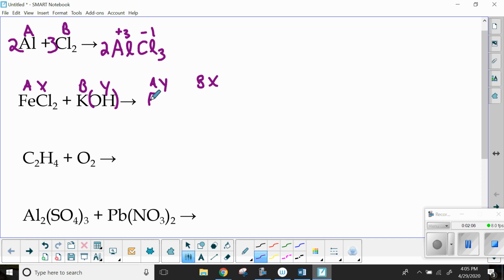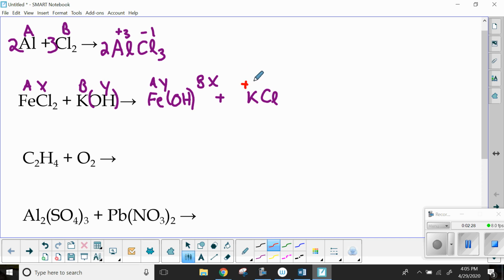So I'm going to have the Fe go with the OH, and I'm going to have the K go with the Cl. And notice here, again, I did not carry over that subscript because I got to check my charges. I'm going to do the KCl first because it's easier.